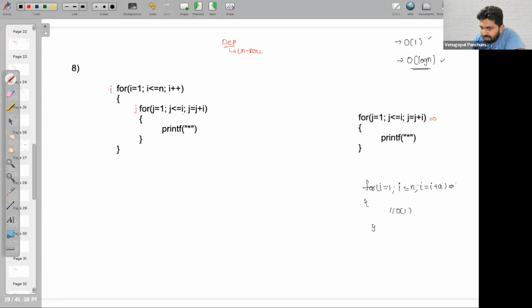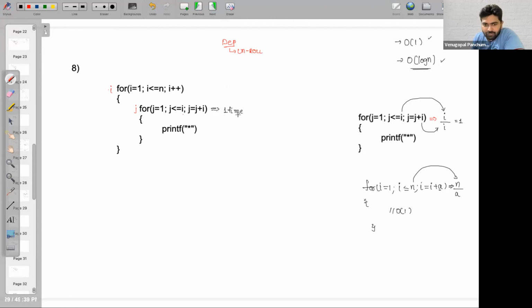This is nothing but n, whatever this value is, divided by how much you are incrementing. This is a well-known template. Here, the loop goes up to I, divided by how much you are incrementing, and that value is also I. So I divided by I is nothing but 1, which means this loop is executing only once. Only one time is this loop executing, friends.